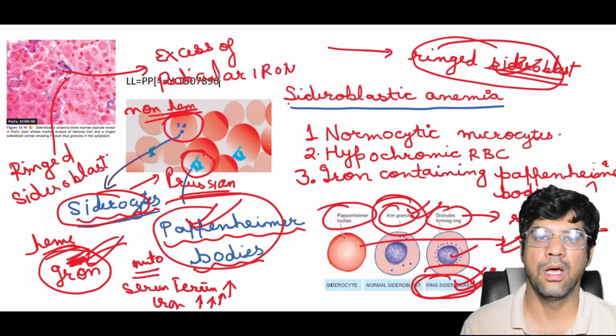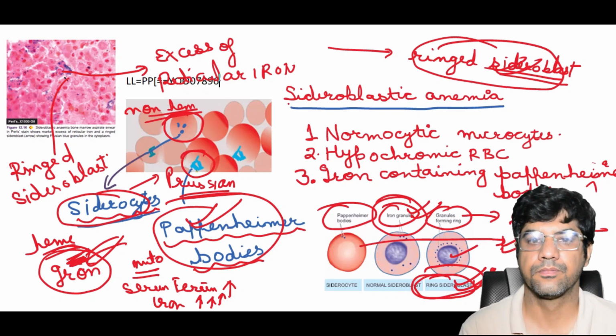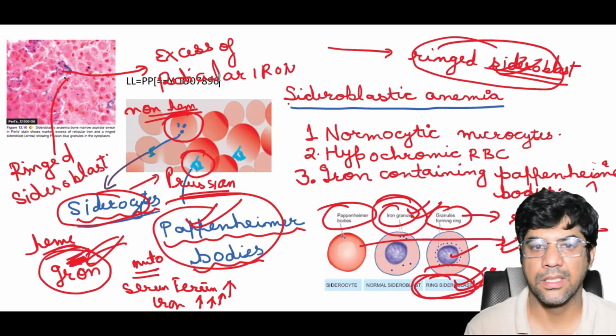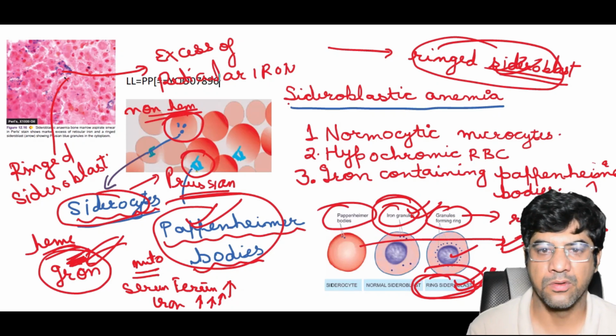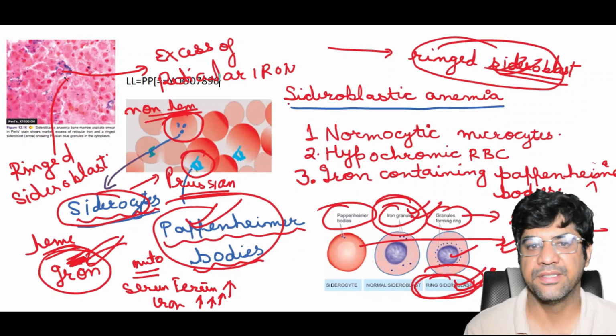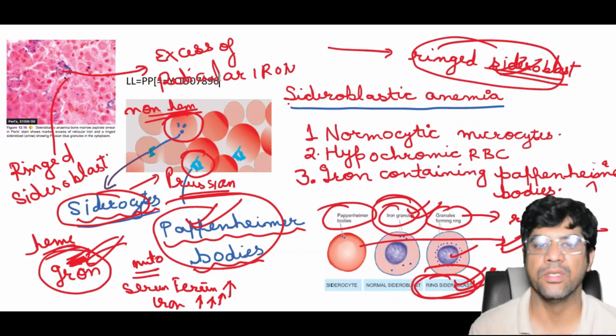The iron appears as a ring around the nucleus. You would see a dimorphic blood picture indicative of microcytic hypochromic cells that indicates iron deficiency, or you can see macrocytic cells which can occur due to ineffective erythropoiesis.